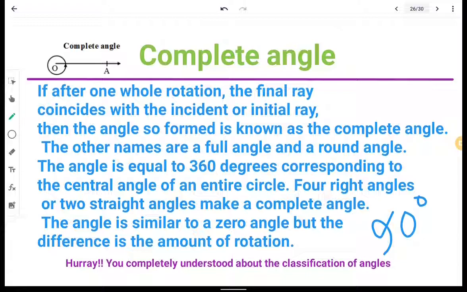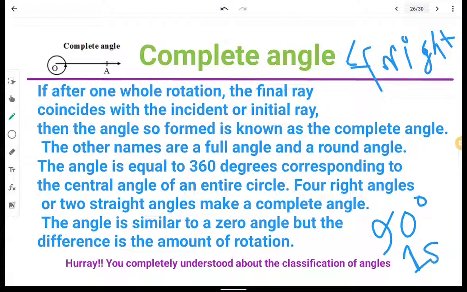Obviously 4. So 4 right angles can make a complete angle. How many straight angles? Obviously 2, because one straight angle measures 180 degrees. So 360 divided by 180 is 2 straight angles.